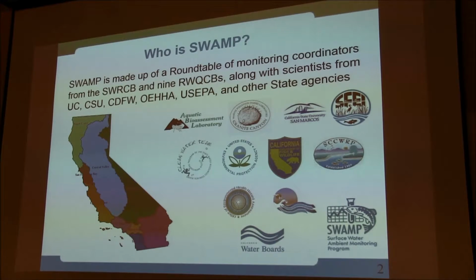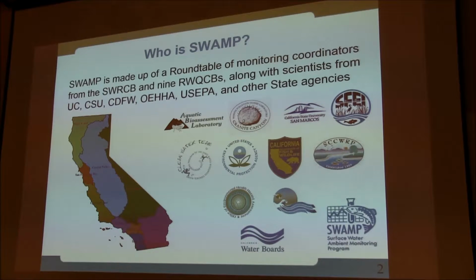But before I get into SWAMP's resources, who is SWAMP? SWAMP is made up of a roundtable of monitoring coordinators from the State Water Resources Control Board and the 9 regional water quality control boards. So the map on the left is the 9 regional boards and they're all color coded and they have their borders on there.